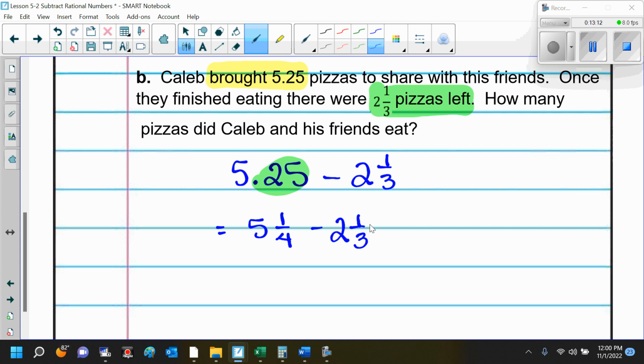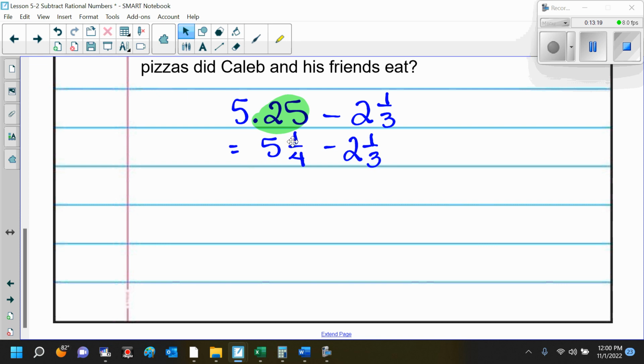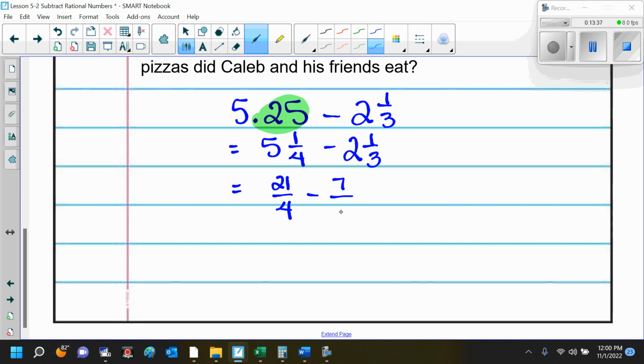Okay? So the first thing we want to do is change those mixed numbers to improper fractions, right? So let's do that first. So 5 times 4 is 20 plus 1 is 21/4. Minus, now we have 2 times 3 is 6 plus 1 is 7 thirds, right? Now we need common denominators.